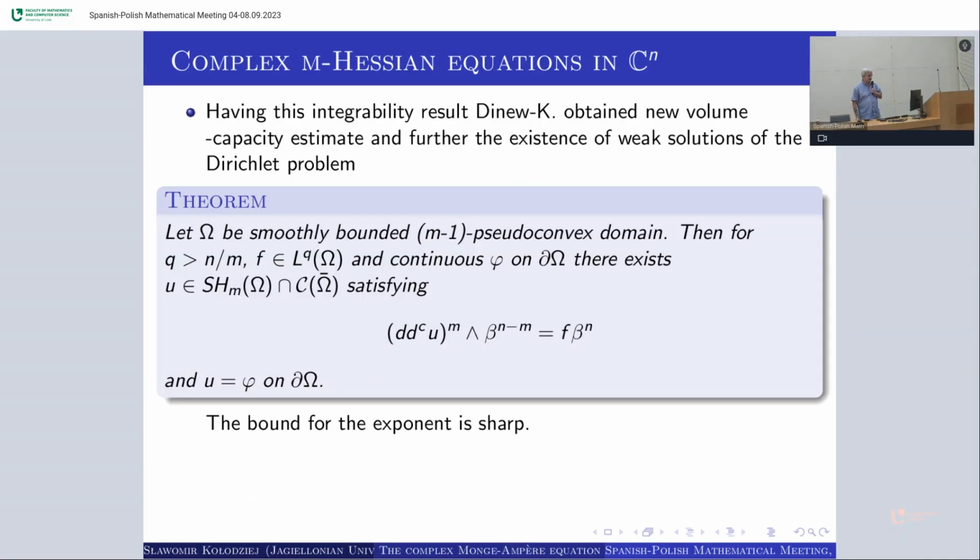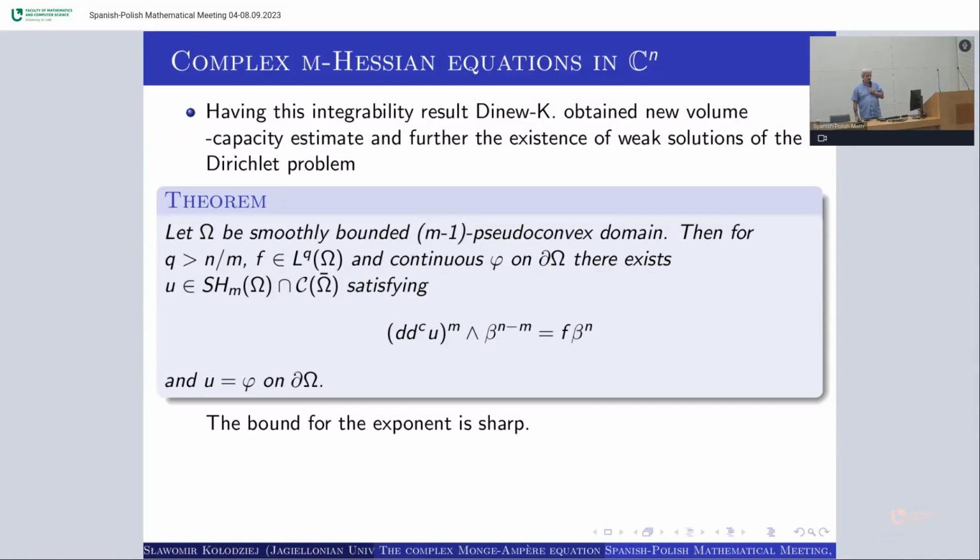So we obtained the following theorem. Omega is as in the previous one. The right-hand side of the equation is in Lq for q bigger than n over m. The boundary data is continuous, and then we can find a continuous function u solving the equation for f with the given boundary data.